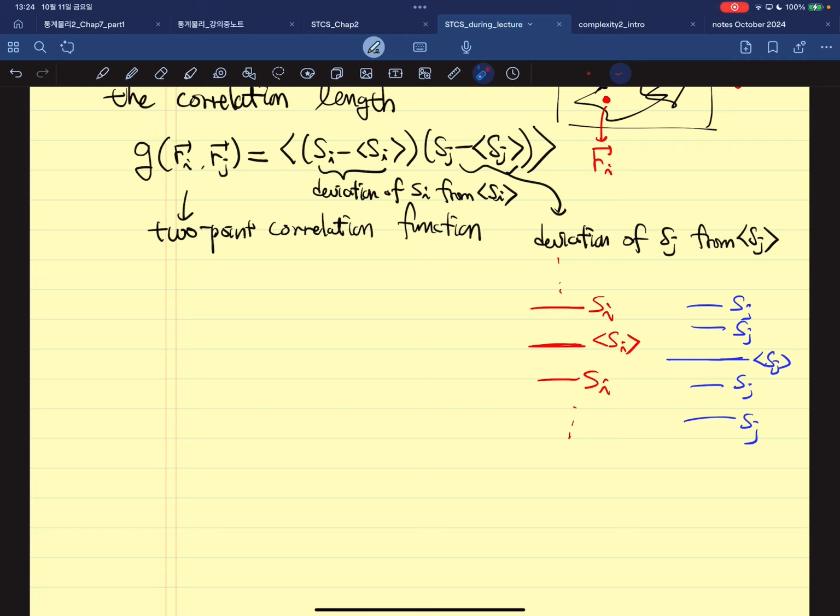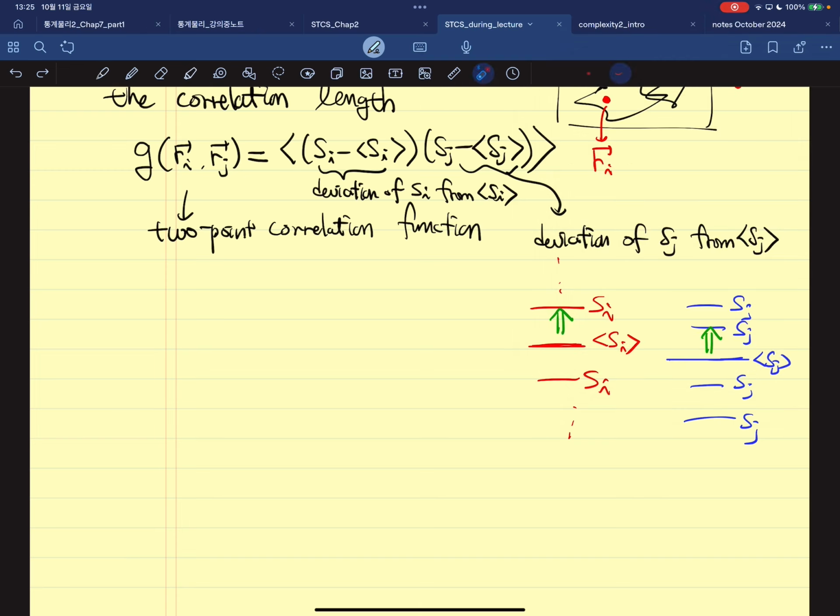But suppose these two variables are really closely correlated. Then the fact that this Si is higher than the average value increases the probability that Sj is also higher than its average. The same for the negative part.